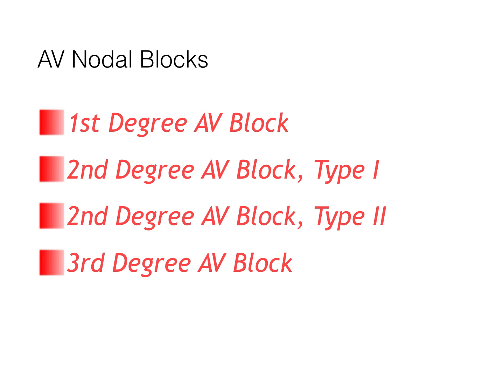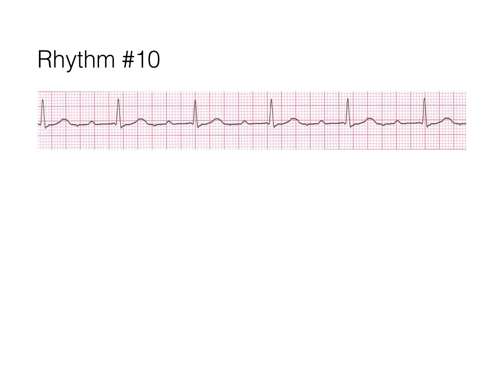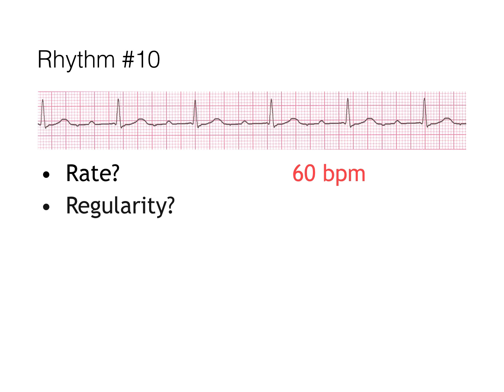AV nodal blocks: first degree AV block, second degree AV block type 1, second degree AV block type 2, third degree AV block. In this rhythm strip, we can find the rate is approximately 60 beats per minute. It is regular and P waves are normal.